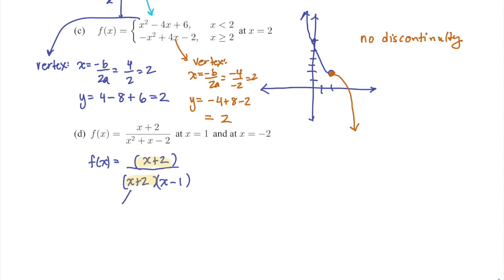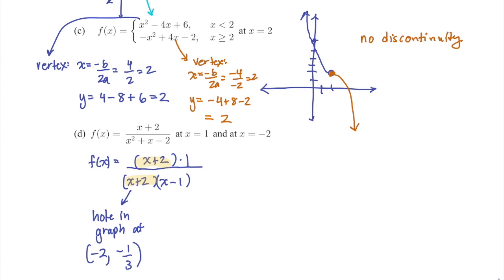That is going to tell us there's a hole in the graph at x equals -2, and to find the y, we would just picture the reduced form, which would be 1 over x minus 1, and fill in x equals -2. So that's going to give me -1/3.